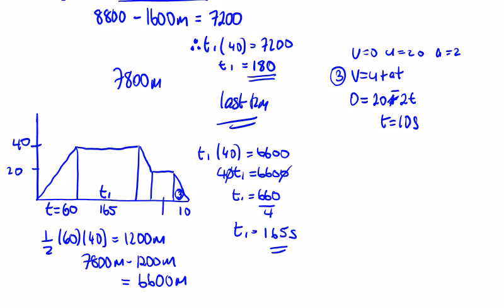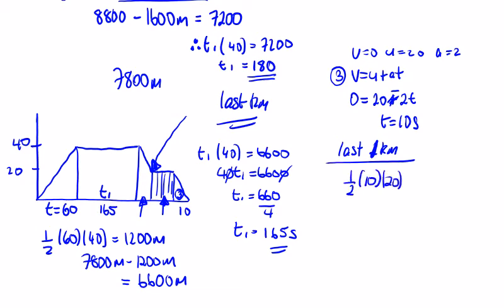Now I'm looking at this section in here and this section in here. Just seeing a mistake I've made. That actually 7,900 happens at this point. This is my last kilometer in here. So let me just get that last kilometer, and then we'll go back and fix what we've done wrong. Last 1 kilometer. So my half by 10 by 20 plus, and this is a rectangle in here, and the height of it is 20.